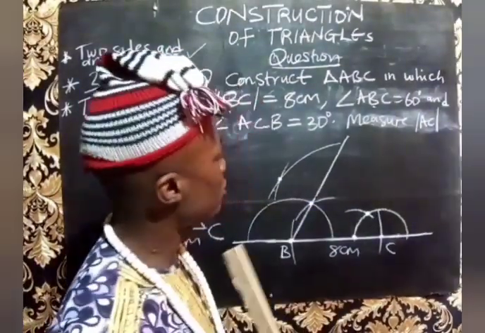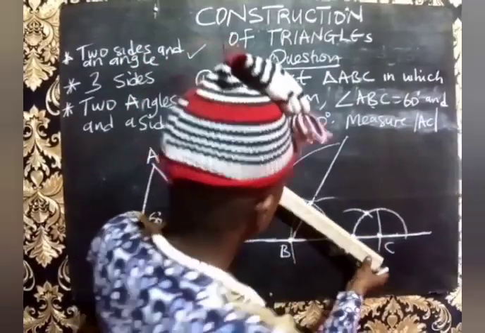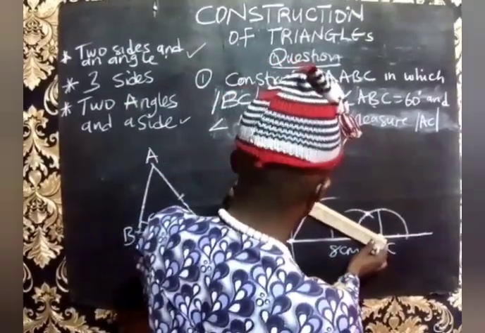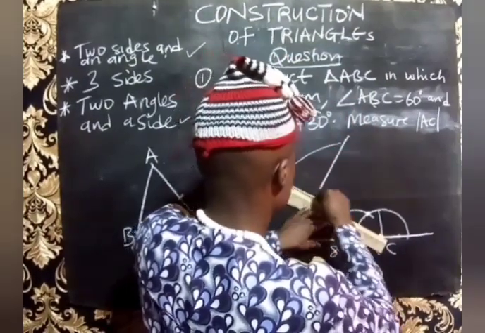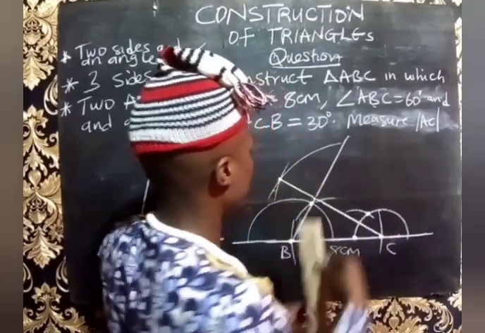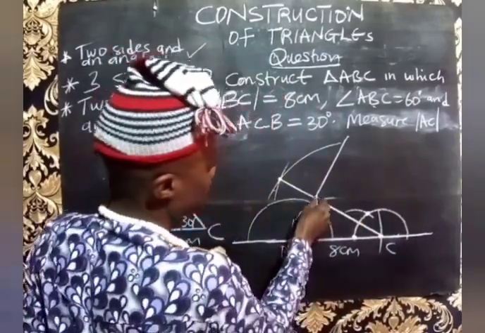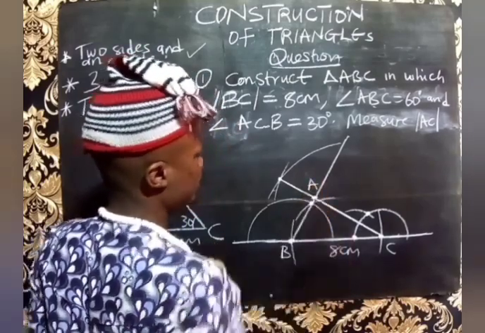Note the point of intersection and draw to the center here. So we shall draw to the center. Place your ruler properly, then draw to the center. Okay, so look at their point of intersection. They intersected here. So this is my point A.